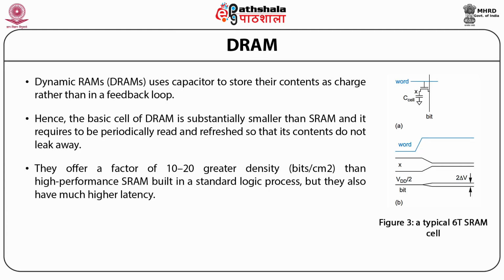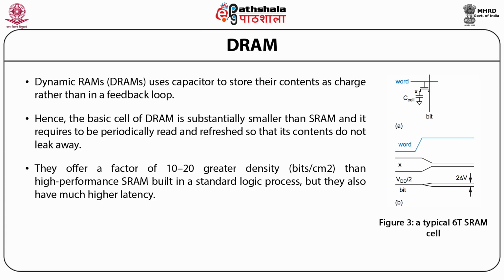So students, as you can see in this figure, which shows a 1T, that means a one transistor dynamic RAM cell, consisting of a transistor and a capacitor, where the cell is accessed by raising the word line to connect the capacitor to the bit line.